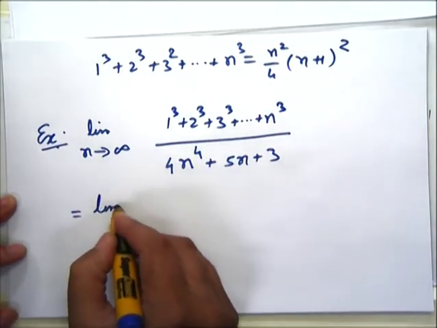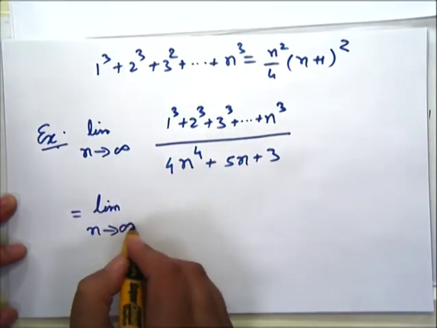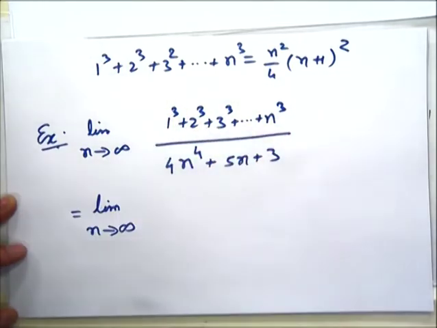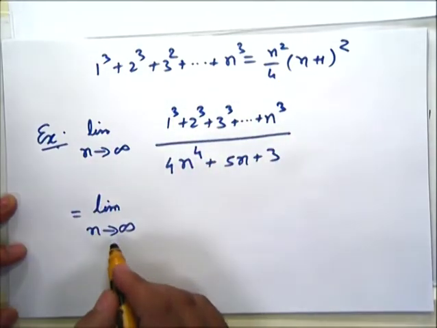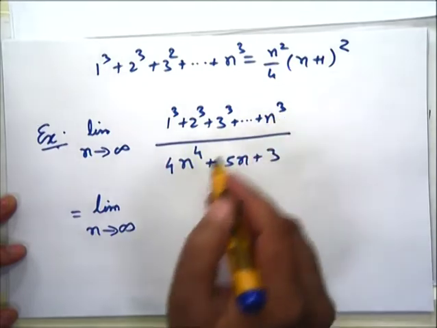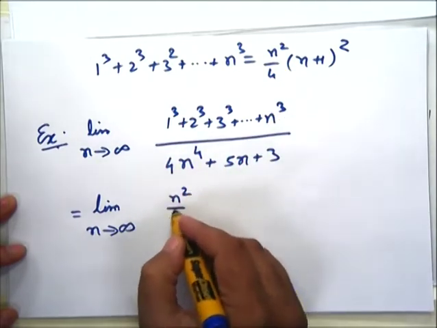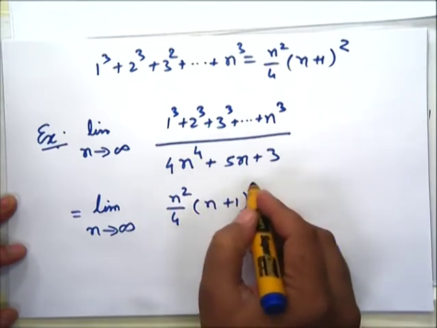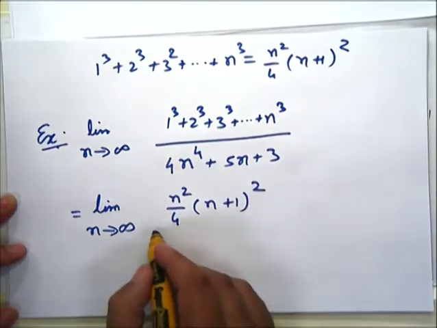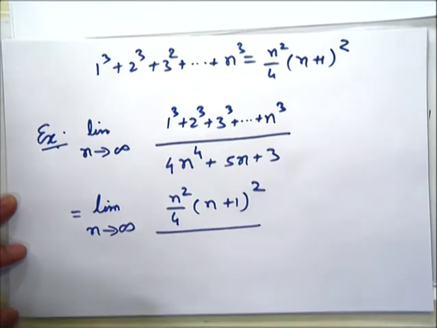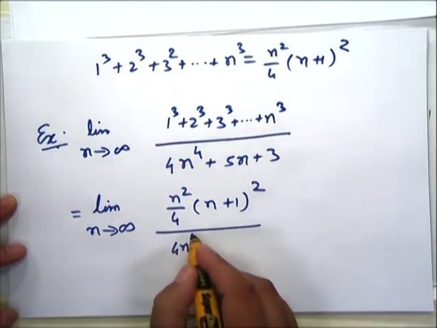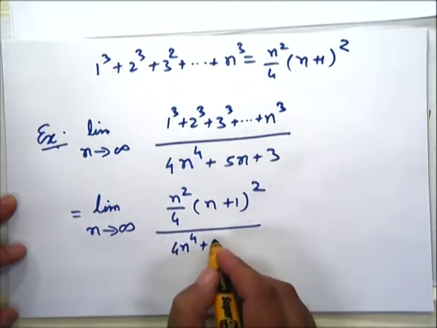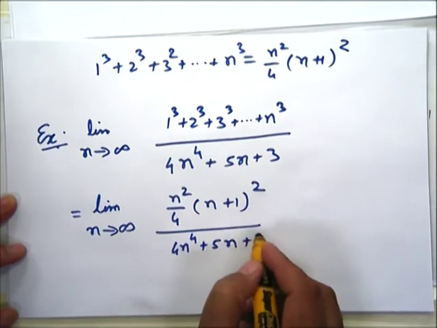Here we are applying the formula for this series. Limit n tends to infinity, and the formula is n square upon 4 into n plus 1 whole square, upon 4n raised to 4 plus 5n plus 3.